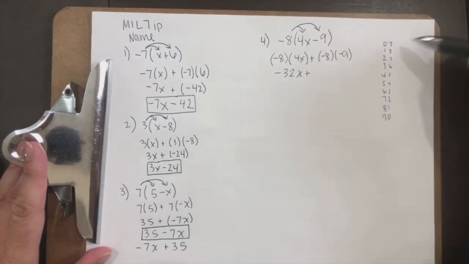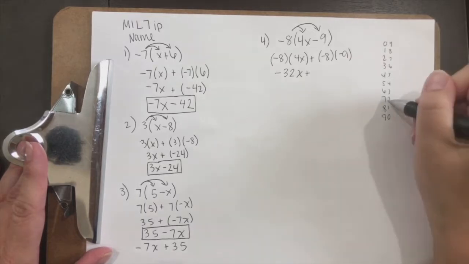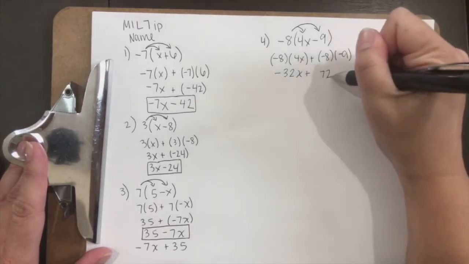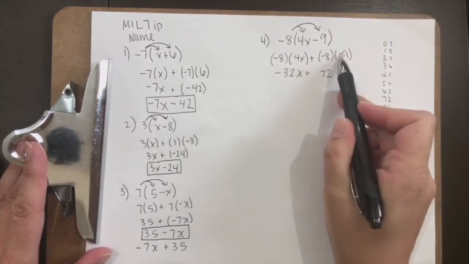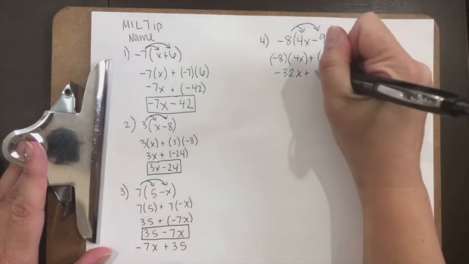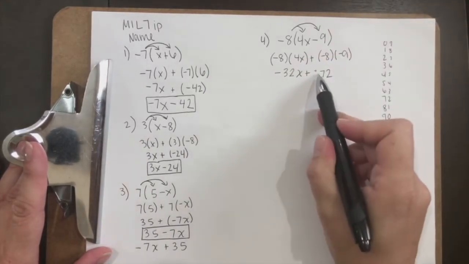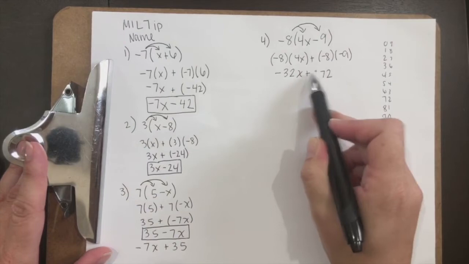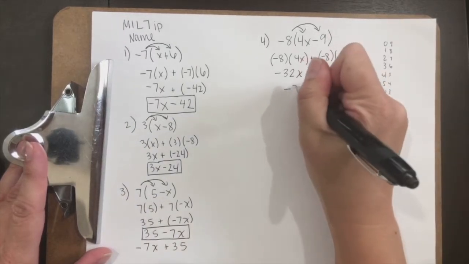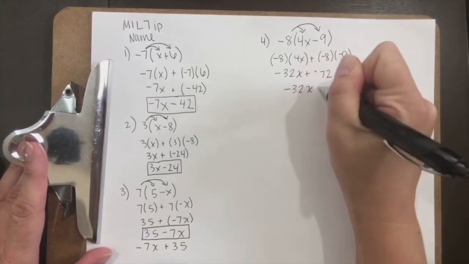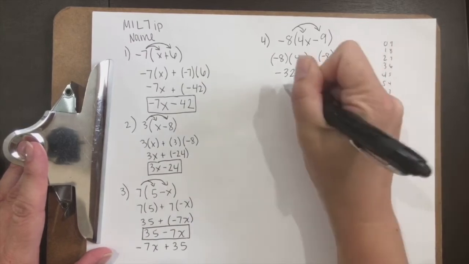So 8 times 9, 1, 2, 3, 4, 5, 6, 7, 8, is 72. And then the negative times a negative makes this positive. So if we're adding positive, we're just going to add 72. So let's rewrite this, -32x plus 72.